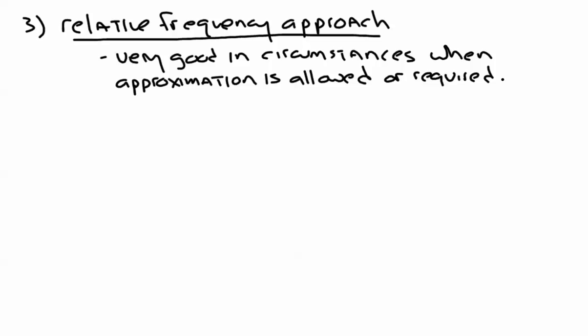Strictly speaking, for full precision and full certainty of our predictions, we're going to need infinite sets of data. But as long as we have large sets of data, the predictions that we can make from the relative frequency approach are really quite good.